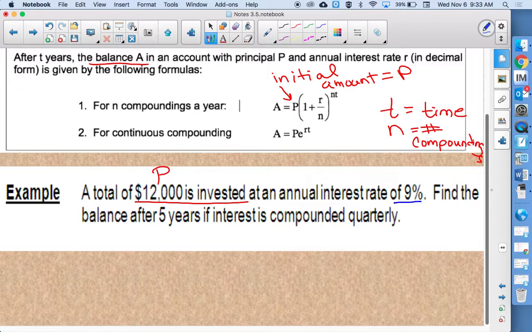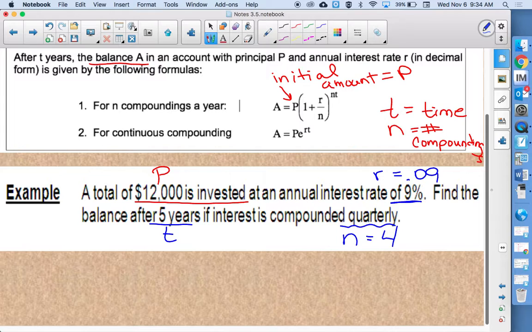The rate is 9%, but we need to write that as a decimal, so 0.09. My time is 5 years. And compounded quarterly, that's the N part. How many times a year would it be if it's quarterly? 4. There are 4 quarters in a year.